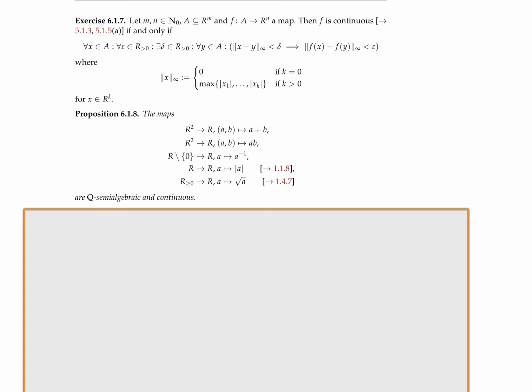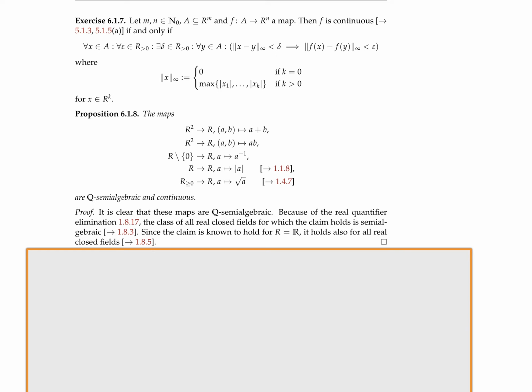So these maps are Q semi-algebraic and continuous, namely the addition on R, multiplication on R, the inversion on R, absolute value on R, and square root on the non-negative elements of R.